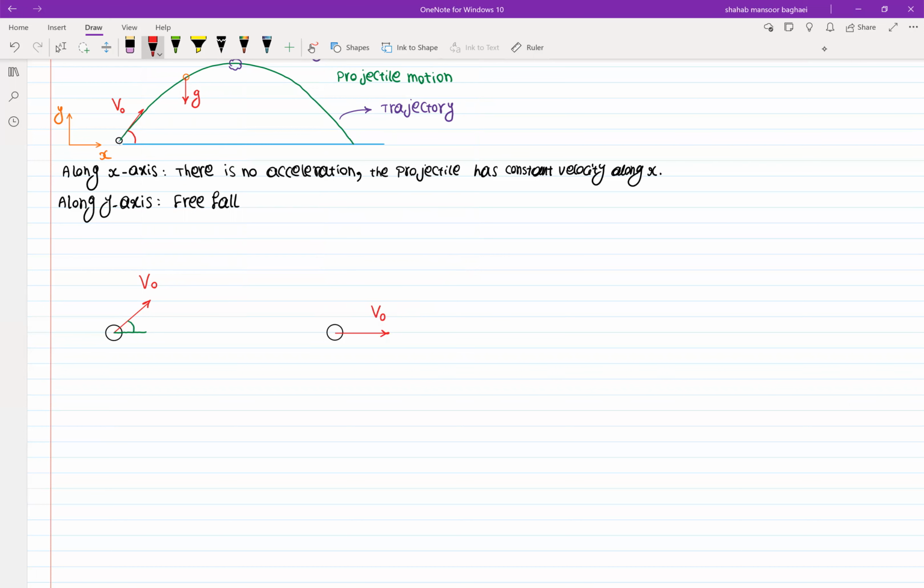This angle is zero right now, this figure. Therefore, what happens to your trajectory? Imagine the ground is here.